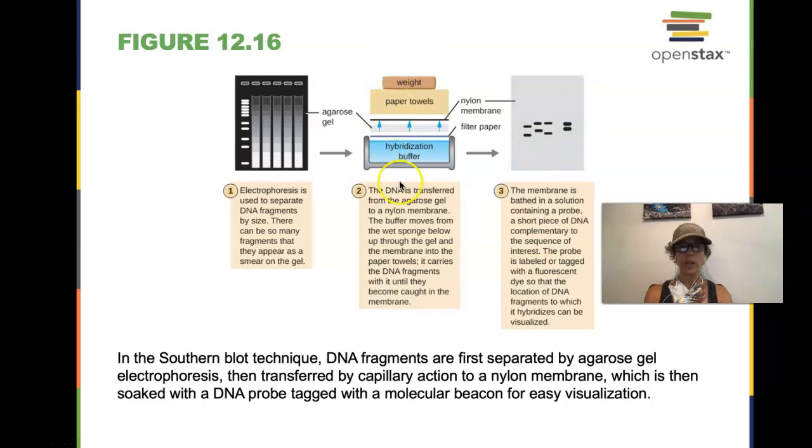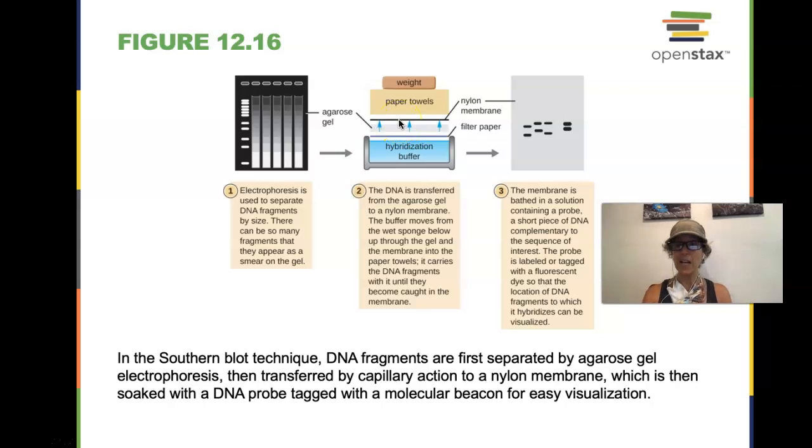And we'd place a buffer in the bottom, we put filter paper on there, we put the gel with the DNA facing up, we put the membrane on top of the gel so that as the liquid is wicked by capillary action through all these layers, the DNA exits the gel and sticks to the membrane.